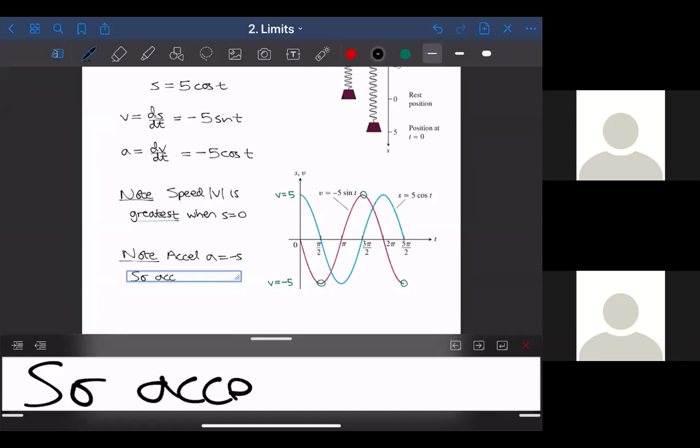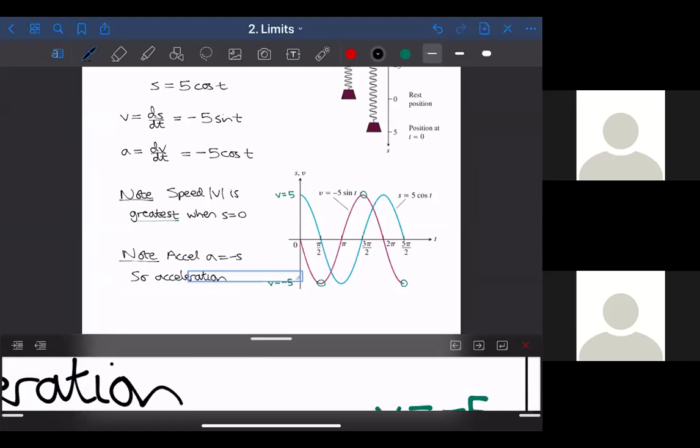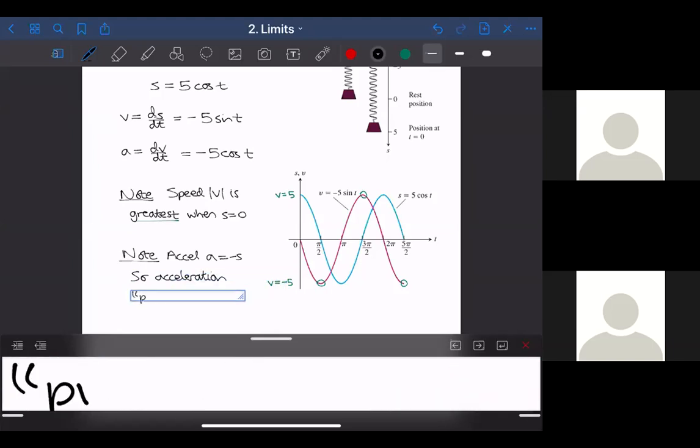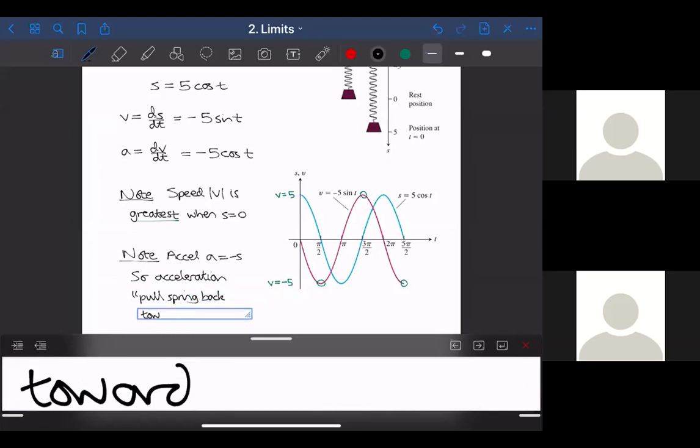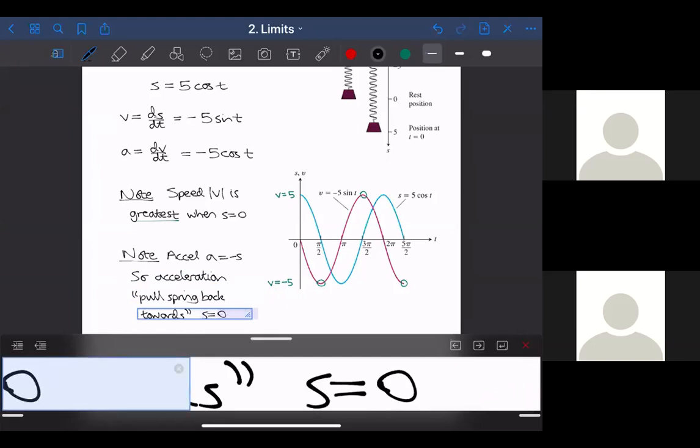So acceleration pulls the spring back towards S equals 0. So when S is positive, the acceleration is negative. It's tending to pull the spring back towards the point S equals 0. The opposite: when S is negative, the acceleration is positive.